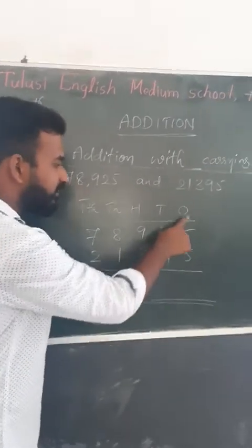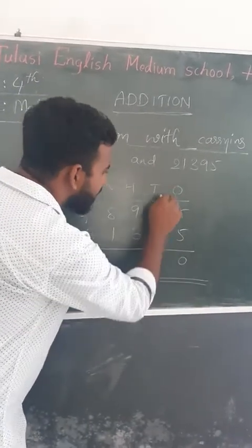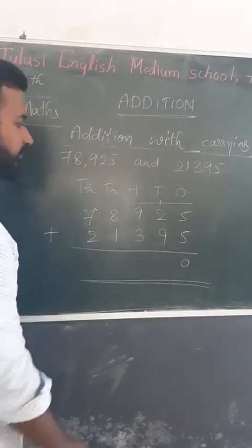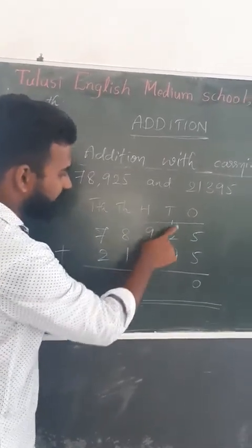You know that 10 ones is equal to 1 ten. So I am writing 0 here, carry 1. That 10 ones I am taking as 1 ten.